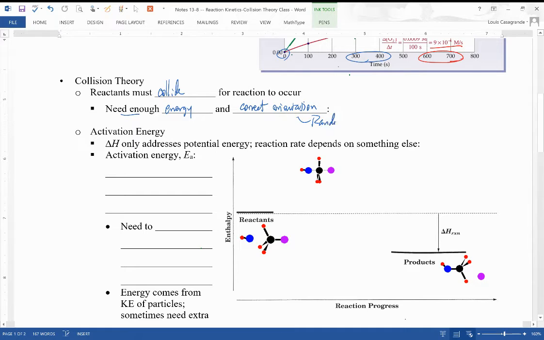And in fact, it's one of the things that reduces the rate of the reaction, because not all collisions have the correct orientation. Very few do. In the reaction you see below, I've got this OH, the hydroxide, coming into CH3Br, and it has to come in this specific orientation. If it collides in any other orientation, then no reaction is going to occur.